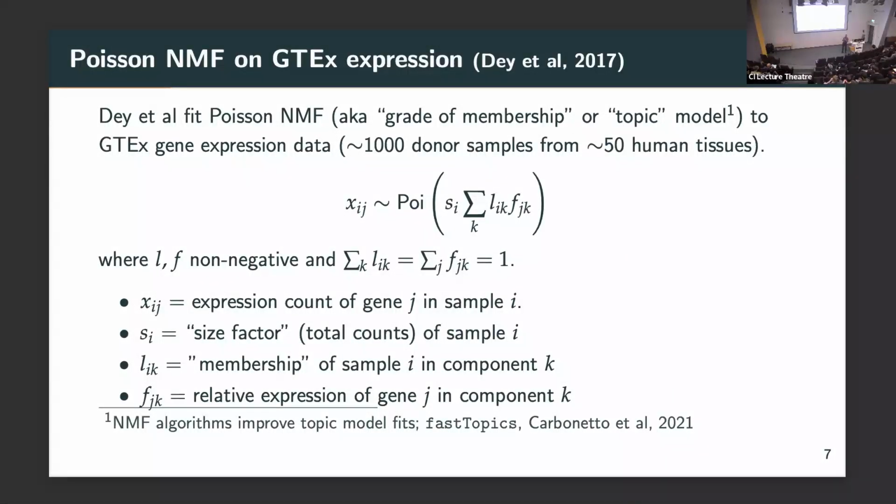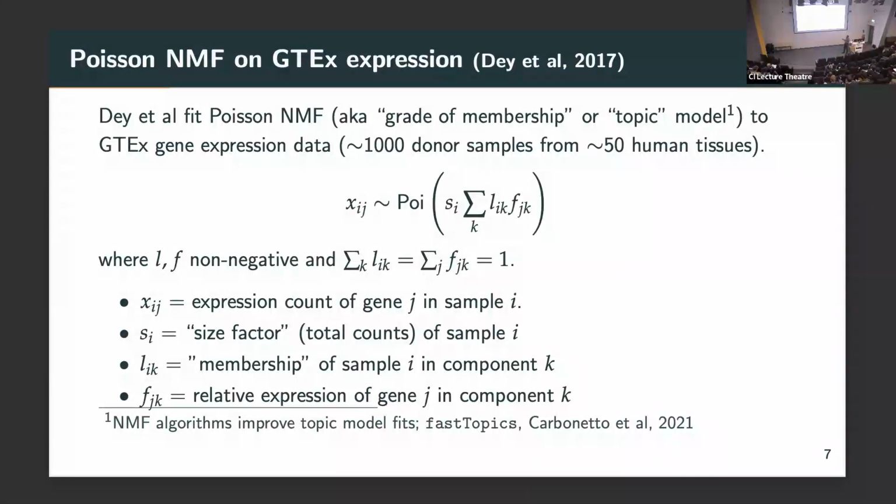L_ik represents the membership of sample i in the kth component, and F_jk represents the relative expression of gene j due to that component. So what do the components represent? Who knows? Let's see what we get, shall we?